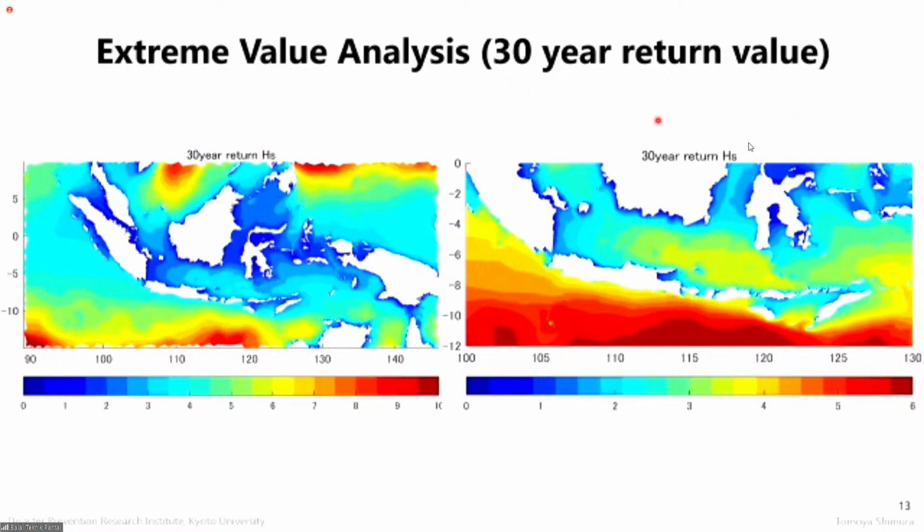This is the 30-year return period wave height around Indonesia, Java and Bali. As you can see, it is about 4 to 5 meters along the southern side, and the northern side is 2 to 3 meters. This is the same, but the return period is 50 years.